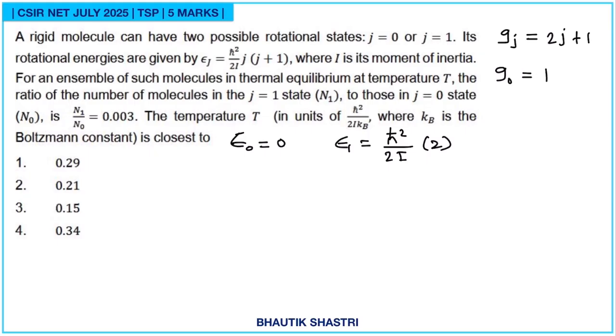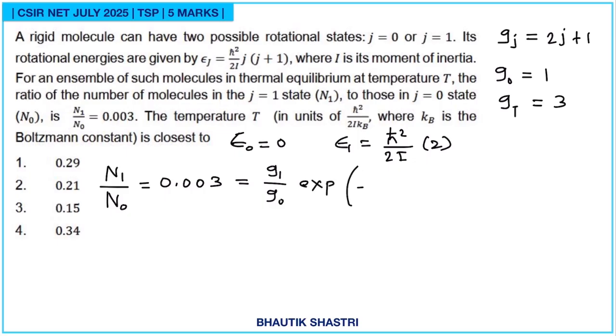So G0 is 1 and G1 is 3. Now N1 by N0, which is 0.003 as given, will be equal to G1 by G0, and in the exponential part we have minus of E1 minus E0 upon kBT.